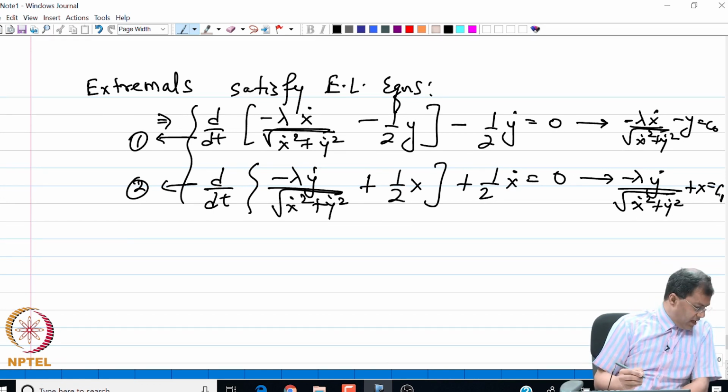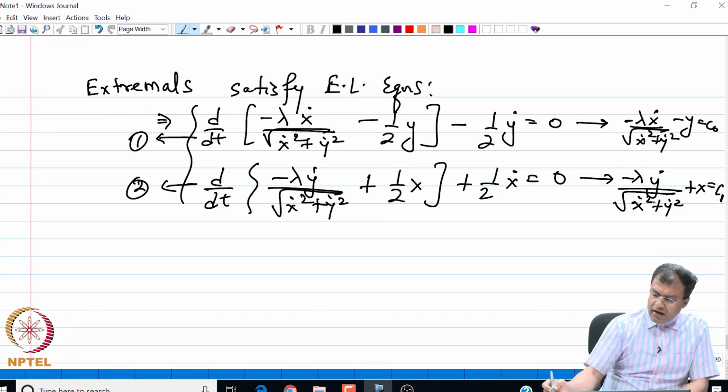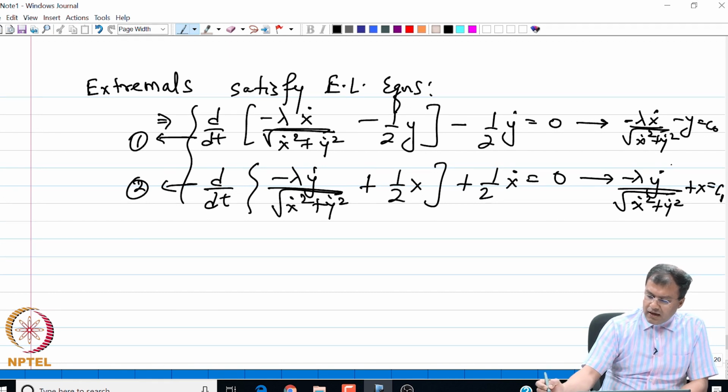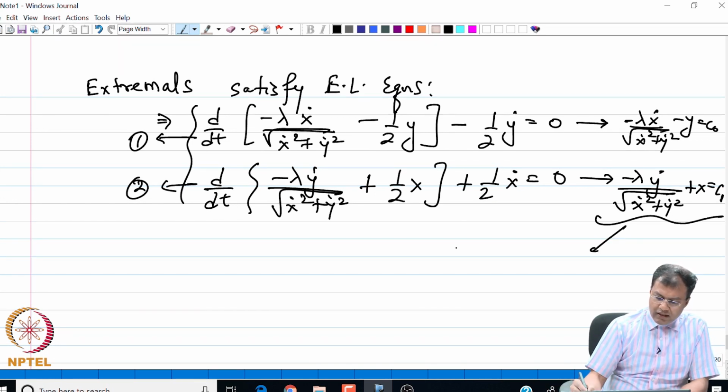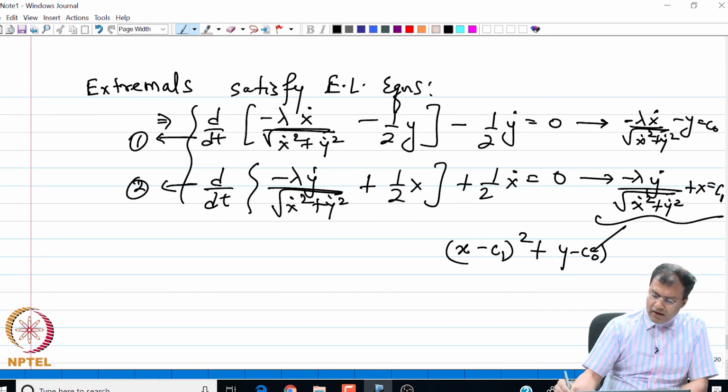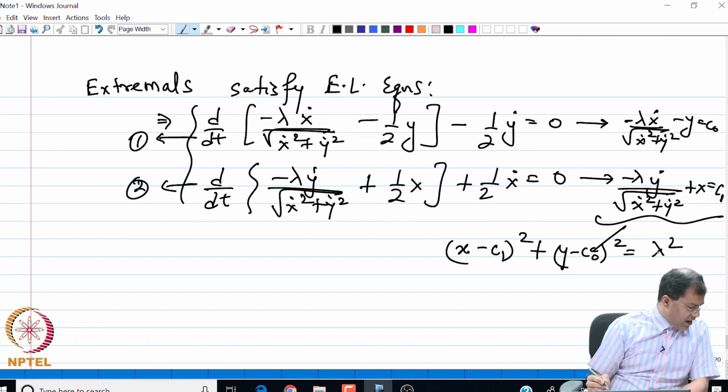From here I can directly square and add these two to see that my extremal will follow this particular curve: (x minus c1) square plus (y minus c naught) square is equal to a constant lambda square. So, x and y are such that they lie on a circle with radius lambda.